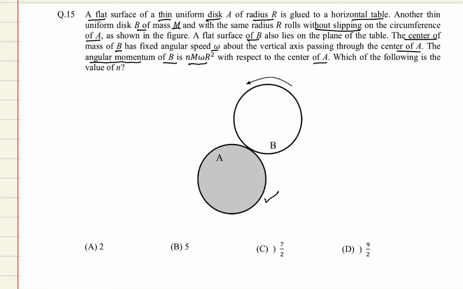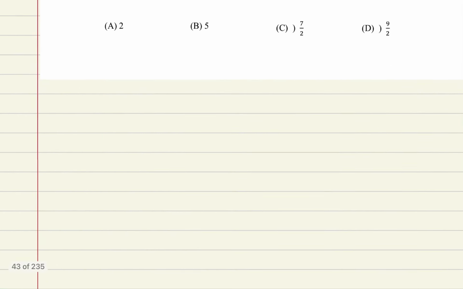Observe this carefully. There is a flat surface of thin disk A. This is fixed at this point, and the second disk is rotating with angular velocity omega, and you can see it rolls without slipping.